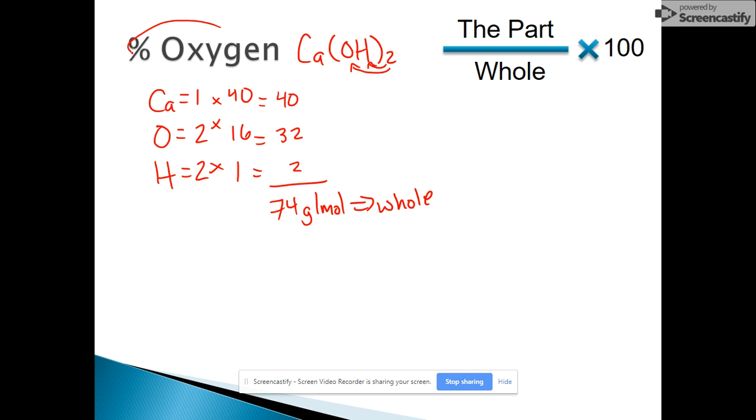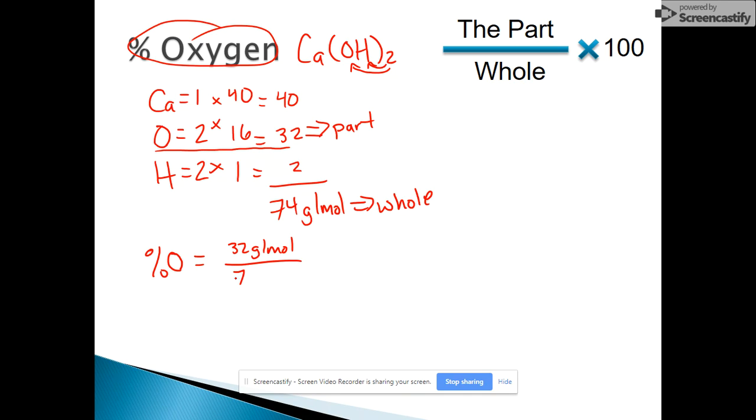We're looking for percent of oxygen, so oxygen right here will be our part. So percent oxygen will be our part, 32 grams per mole, divided by the whole, 74 grams per mole, times 100.